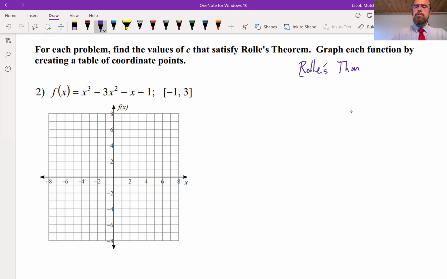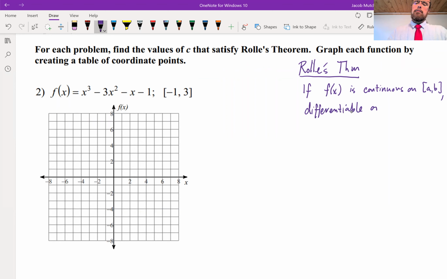Essentially there's three conditions to the hypothesis. So if f of x is first of all continuous from a to b, and we'll include those endpoints in that continuity statement, differentiable on the open interval from a to b, and the two endpoints f at a and f at b are equal.